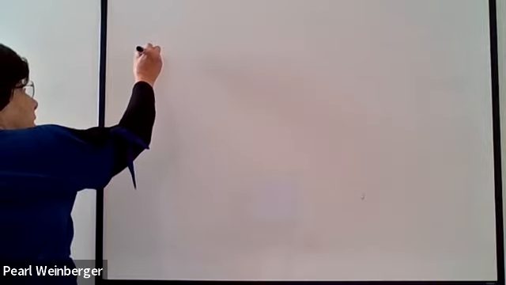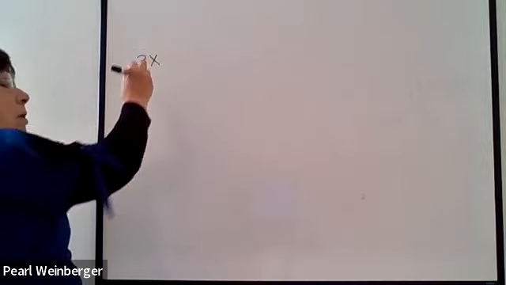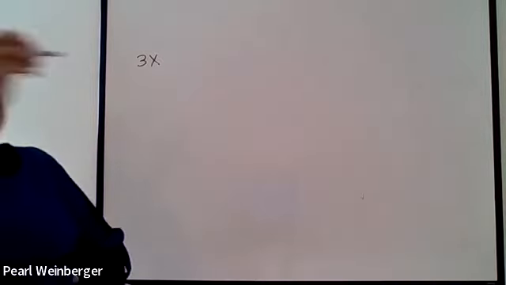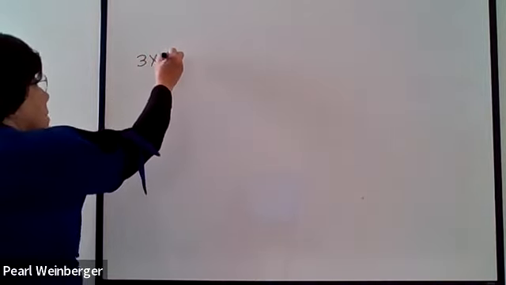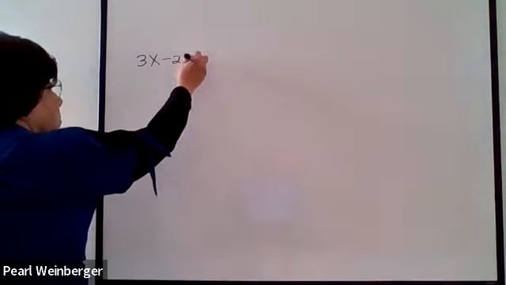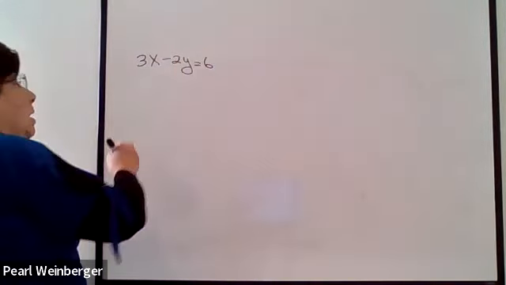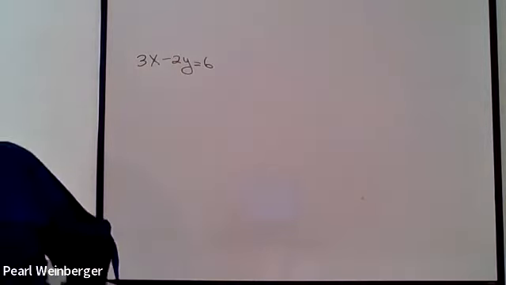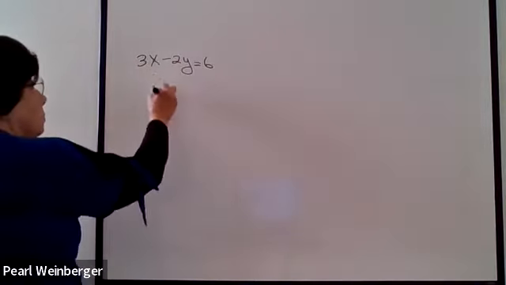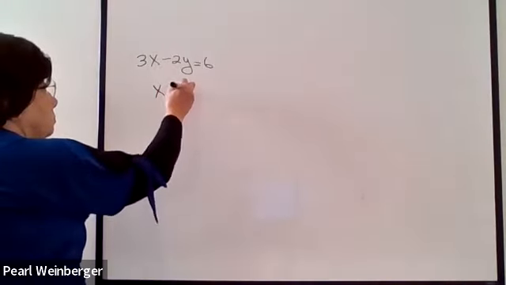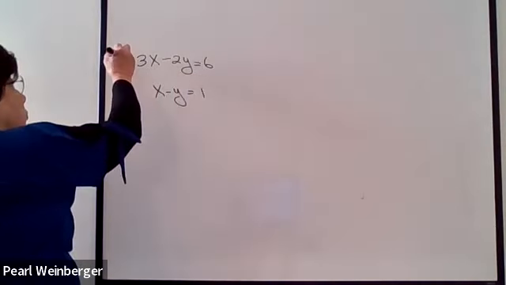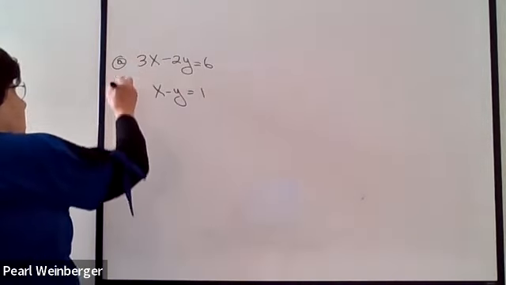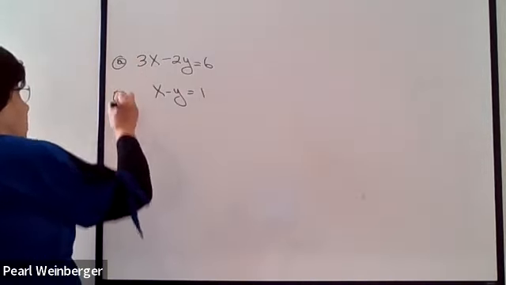I have 3x minus 2y equals 6. And I have another equation, that's equation number 1, x minus y equals 1. So I have, call this equation A and equation B.